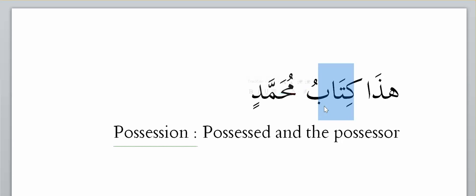So the way you do this is you put the two words with the possessed first and the possessor after. In English, we say Muhammad's book. We would put the possessor first, and then the thing that's possessed second. In Arabic, it's the opposite.